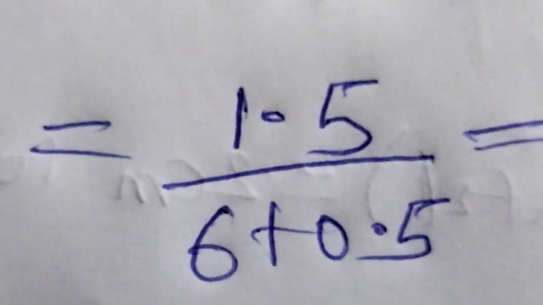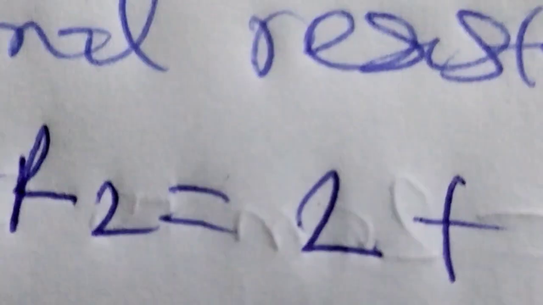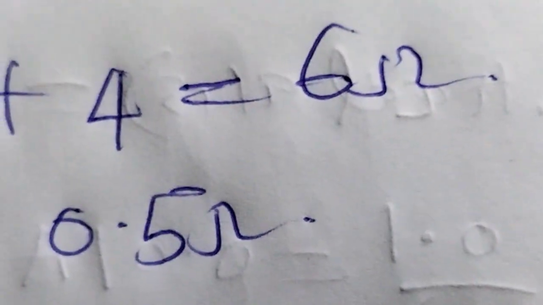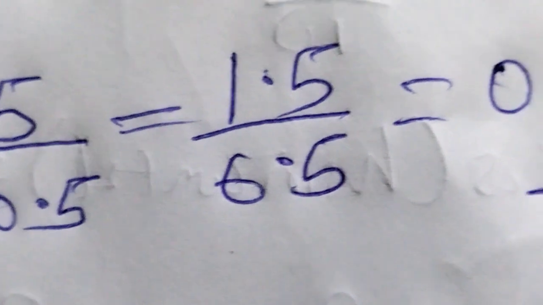Substituting, EMF is 1.5. Total external resistance is 6 ohms, as you can see there. Then plus internal 0.5. We now have 1.5 over 6.5. Dividing, we have 0.231 amperes to 3 significant figures.